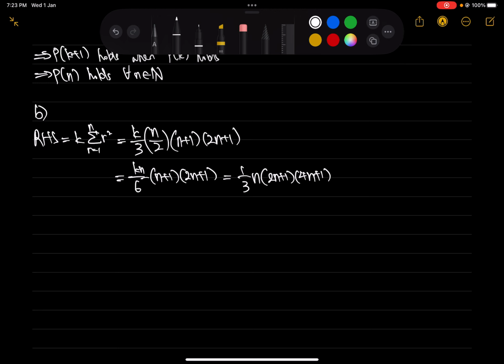This implies we could cancel out the 2n plus 1s, and we could cancel out the 1 over 6s, and we can cancel out the n's, which implies we have k times n plus 1 is equal to 2 times 4n plus 1, which implies kn plus k is equal to 8n plus 2.